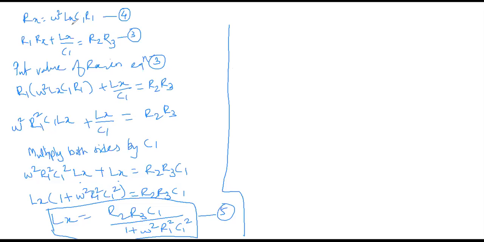Okay, Rx is in terms of unknown inductance. So what we are going to do is put equation 5 in equation 4. So Rx is equal to omega square C1 square R1 R2 and R3.